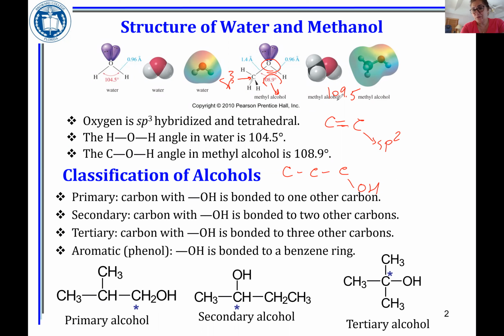It's slightly lower than 109, and the reason is the pressure coming from the repulsion forces between the two unshared pairs of electrons on the oxygen. So it's trying to close the angle, and it lowers it to 108.9.